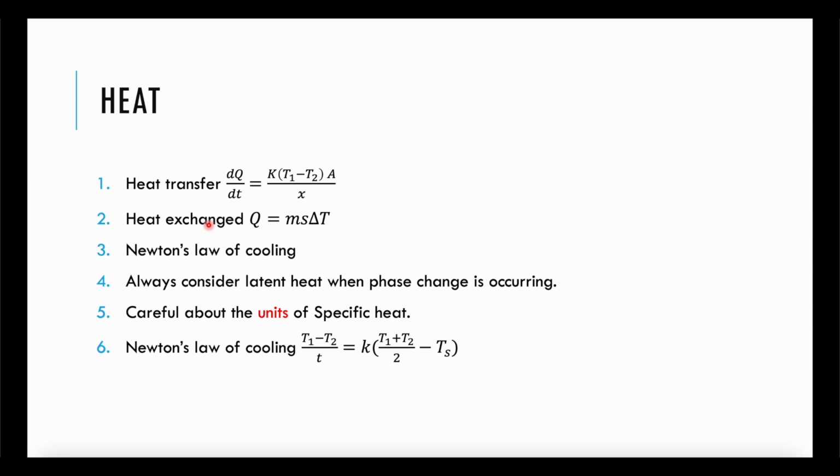So in each case of phase transition, like 0 degree water to 0 degree ice, you have to use the latent heat of fusion, and 100 degree water to 100 degree vapor, you have to use the latent heat of vaporization. So be careful about that.